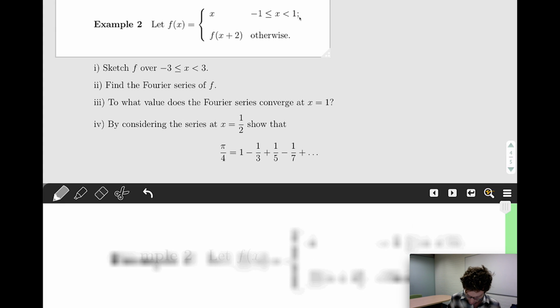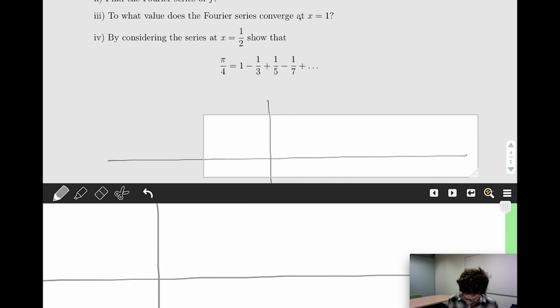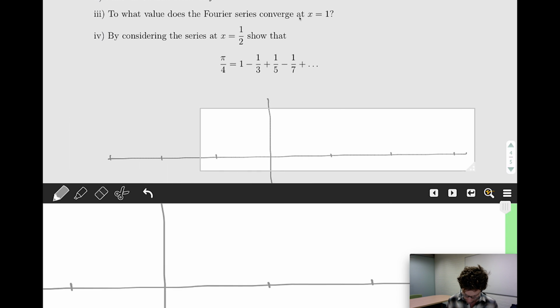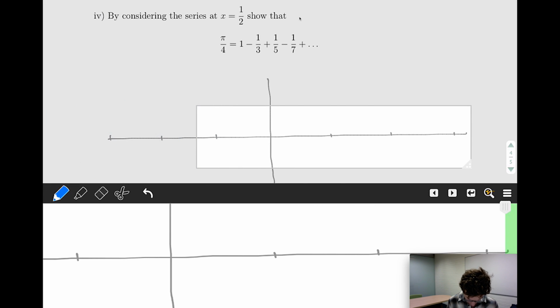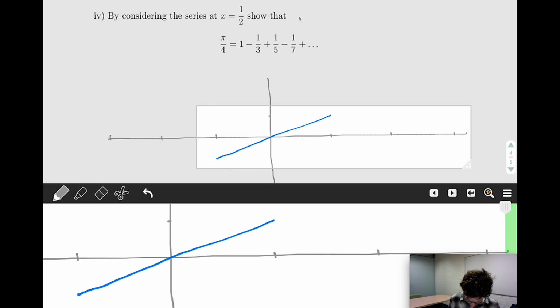So we're going to sketch this between minus 3 and 3. Between minus 1 and 1, this is just the increasing function with a slope of 1. It's going between minus 1 and 1.